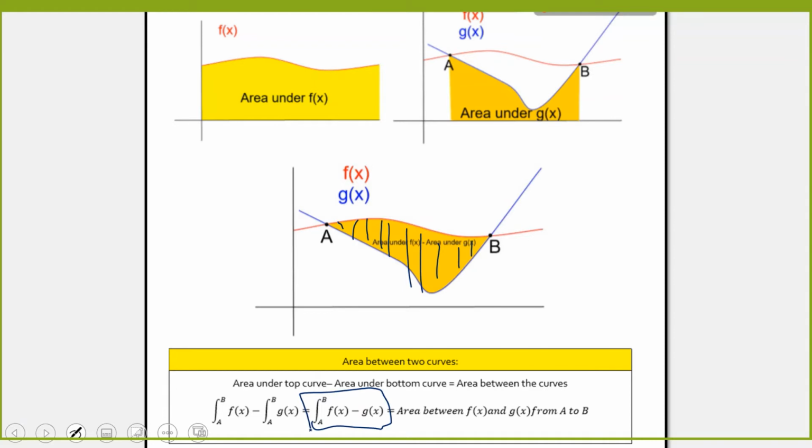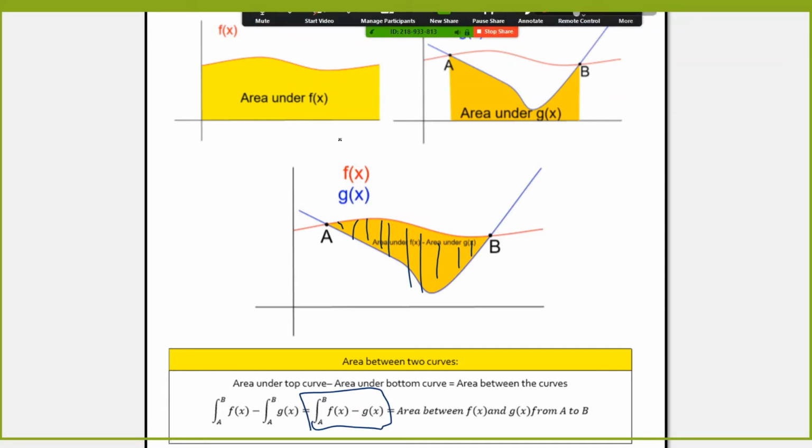Okay. Abby, did you have a question? What does it say here? Like, it says area between two curves, and then the three buttons just block the content. Okay, you're saying you can't see everything, maybe?